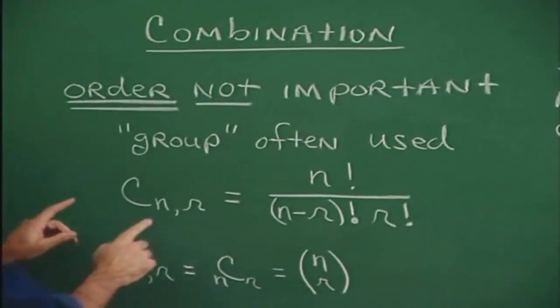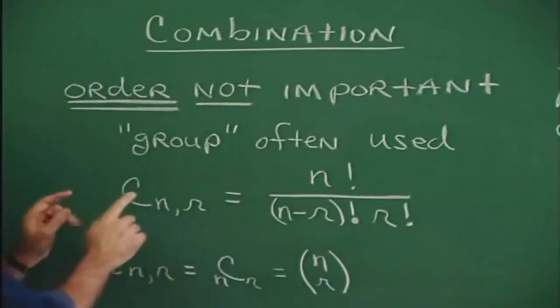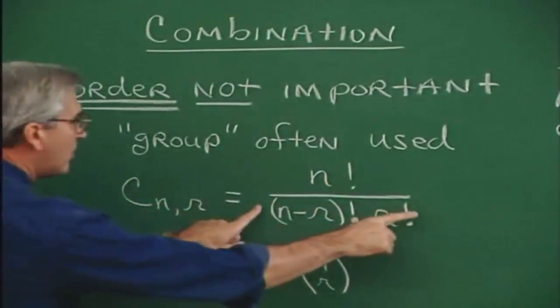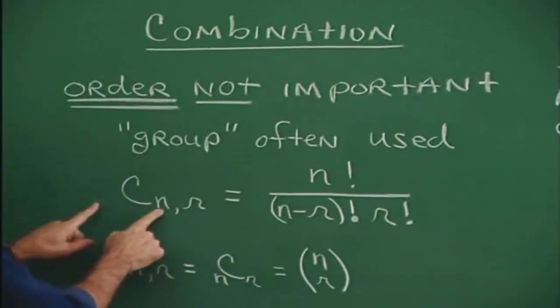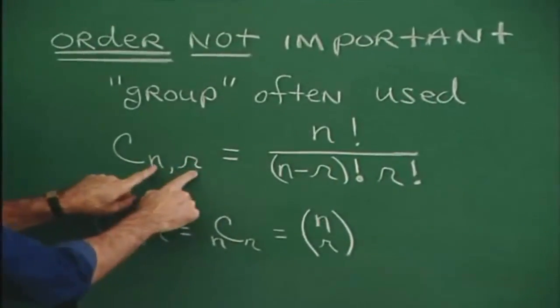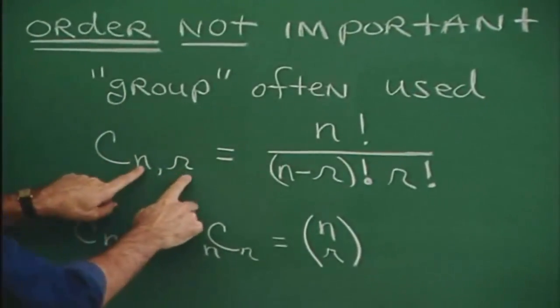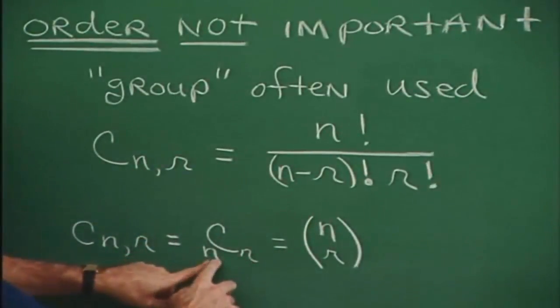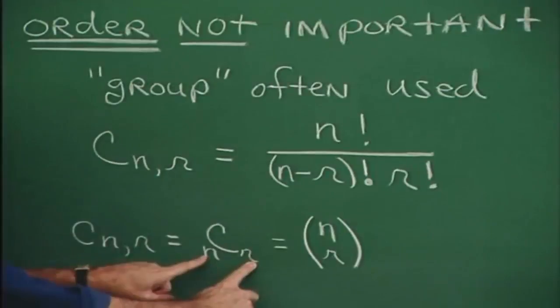But the formula for calculating combination is very similar to the formula for calculating permutation. Here's the formula, and notice the notation, and I'm using the n things taken r at a time with both the n and the r on the same side of the C. Another notation that is appropriate is the combination of n things taken r at a time like this.